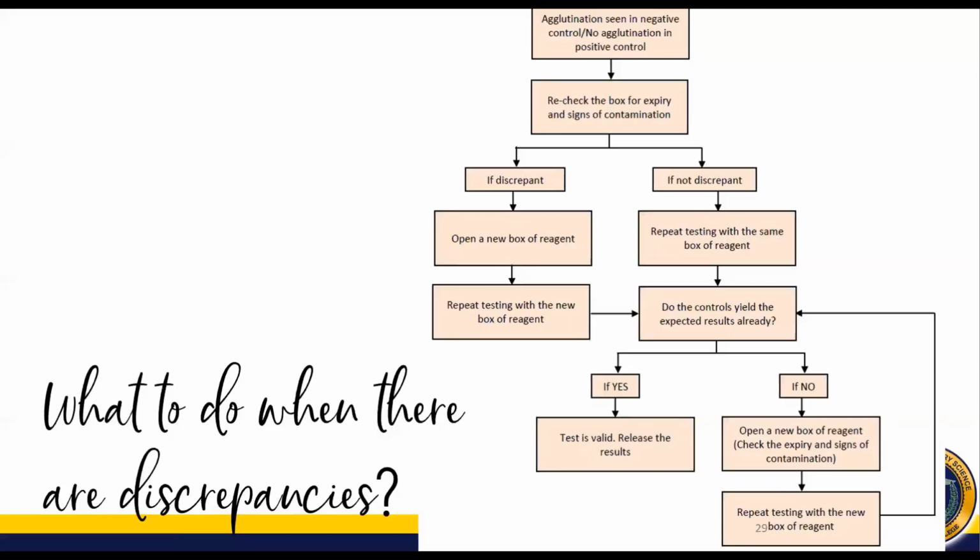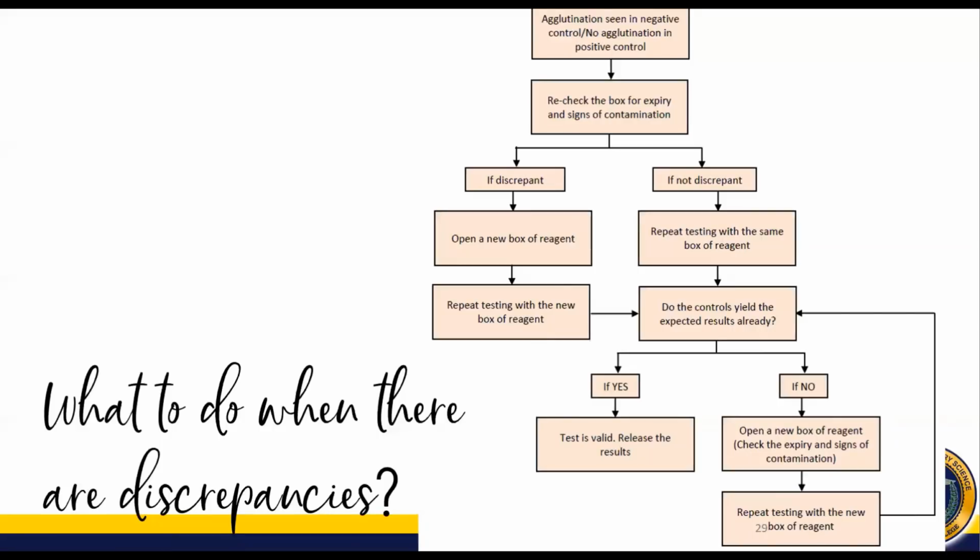And then with the new box of reagent class, repeat the entire testing, repeat the positive control, repeat the negative control, repeat the patient sample using that new box of reagent. And then check if the discrepancies are resolved. If the discrepancies are resolved, then the result of that testing is valid, therefore you can release the result.